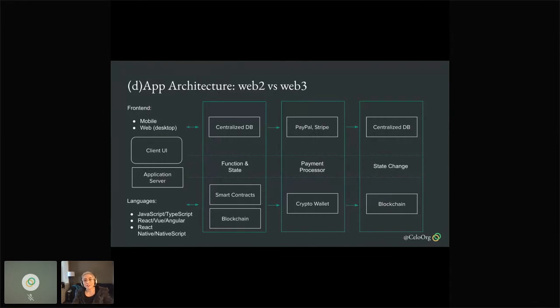Way back when, in my first talk, part 1 of building your first app on Celo, we did a quick overview of Web 2 versus Web 3 architecture and the differences. Over the course of those other talks, we focused on pieces like a smart contract, blockchain, and crypto wallet.